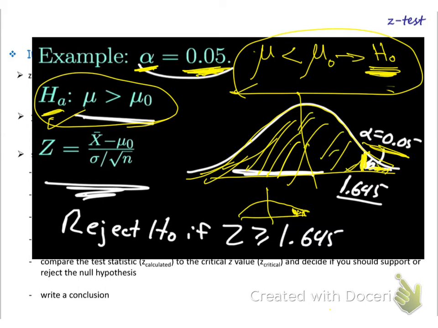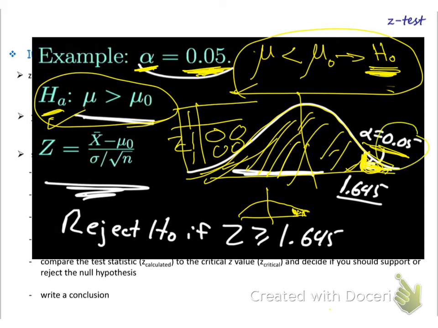So the area here is the probability, not the Z value. When I go to the Z table, I should not look at the column value; I should look at the data inside the table. Which one gives me 0.05?